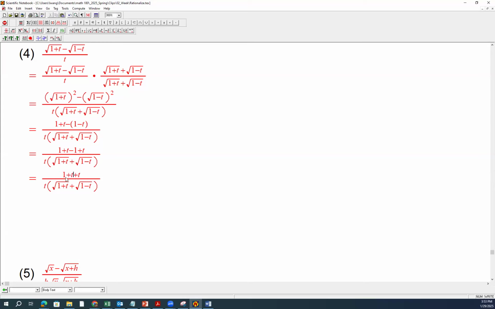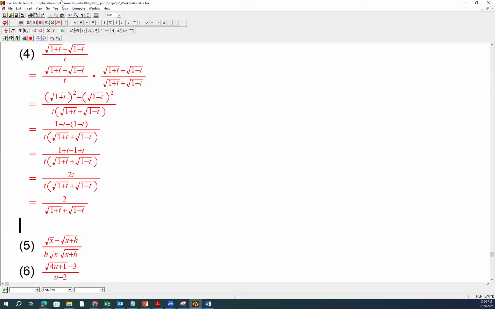So negative 1 and positive 1 makes 0. So these make 2 times t. And the t will reduce with the t in the denominator. We can remove the parentheses, and that's the final answer. Okay. That's number 4.